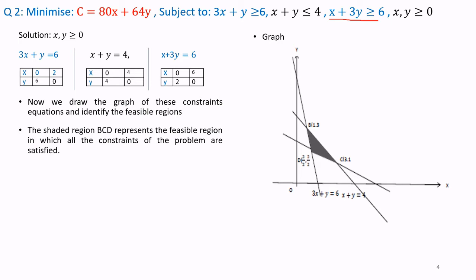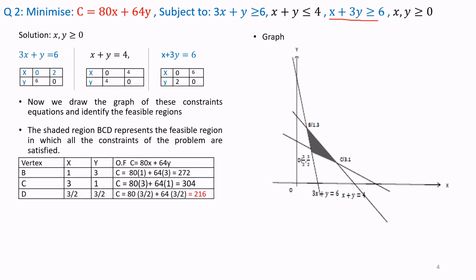Therefore, you mark the next table with 4 rows and 4 columns. The first column is vertex BCD, the point, and the next column is the coordinates x, y. You see here the coordinates of B are (1, 3). This is measured from the graph.